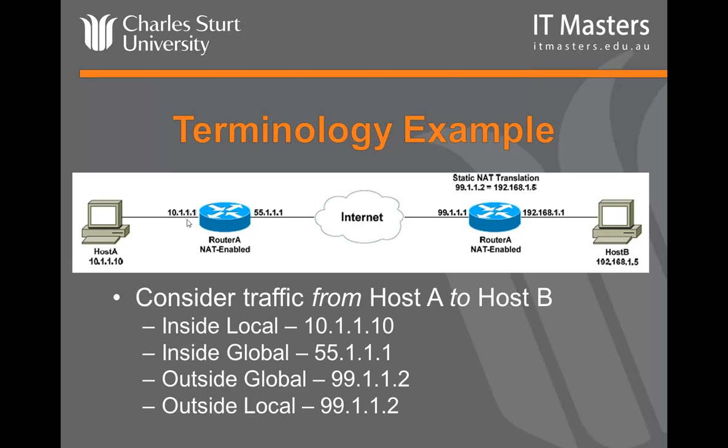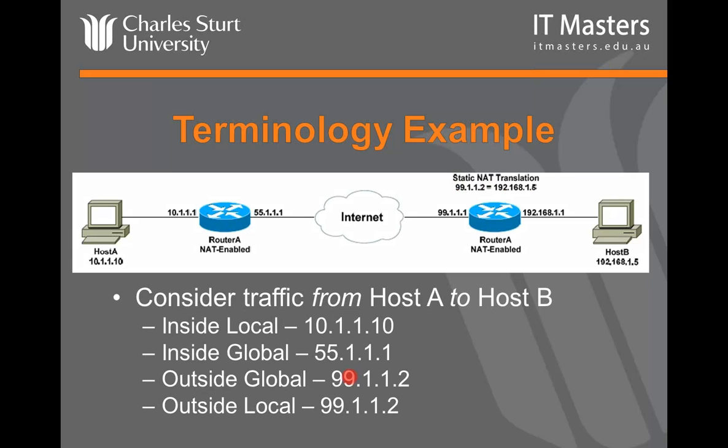Just had a question, shouldn't it be 99.1.1.1 instead of 99.1.1.2? No, because on the router on this side, if you have a look at this statement here, we've got a static NAT translation on this router which translates 99.1.1.2 to 192.168.1.5.